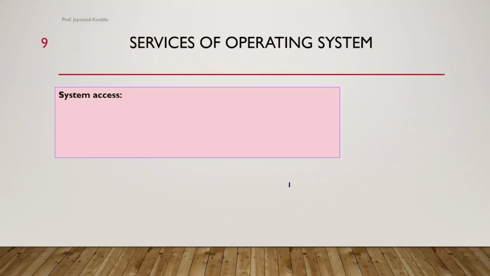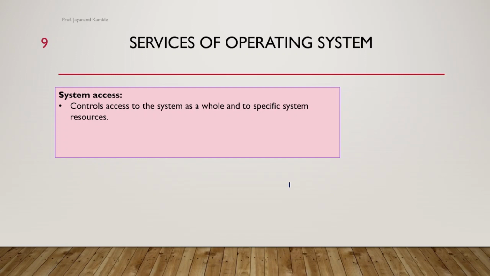Then system access. System access is one of the most important services given by the operating system, because we may not want a particular user to access the system with full authorization. So we want to give limited access to some people, and that can be done with the help of the system access mechanism of the operating system.